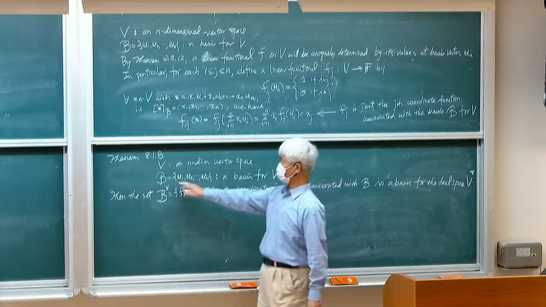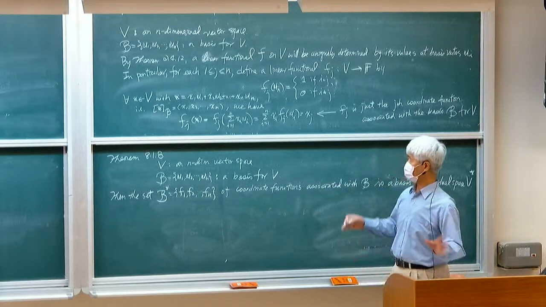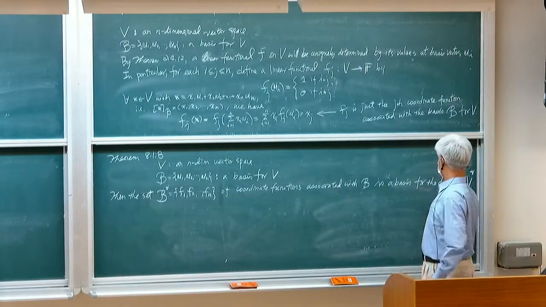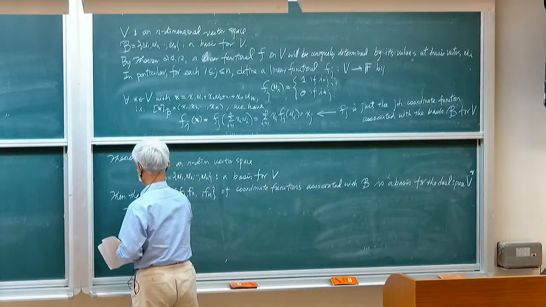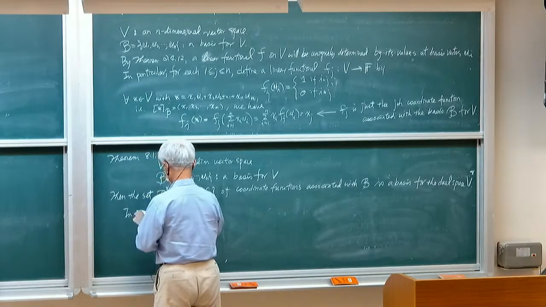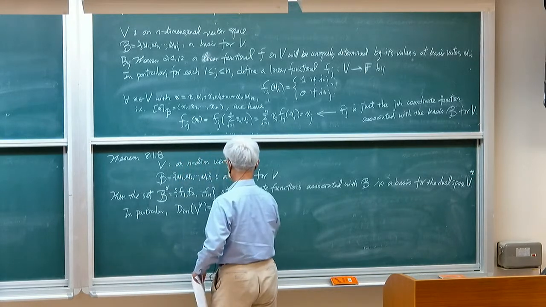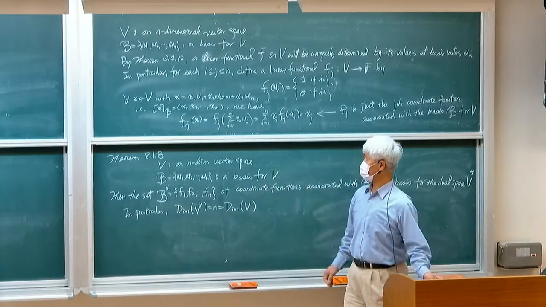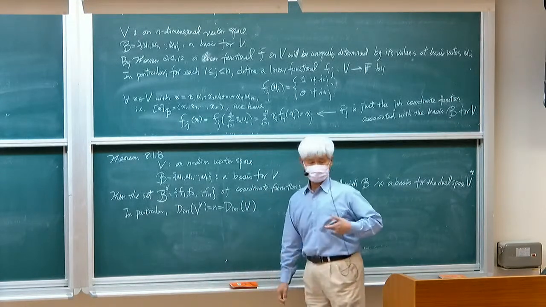Once we have a basis for V here, then the set of all coordinate functions associated with B becomes a basis for the dual space V star. So in particular, the dimension of V star is equal to n, which is equal to the dimension of V. If V is an n-dimensional vector space, then its dual space V star has the same dimension n.